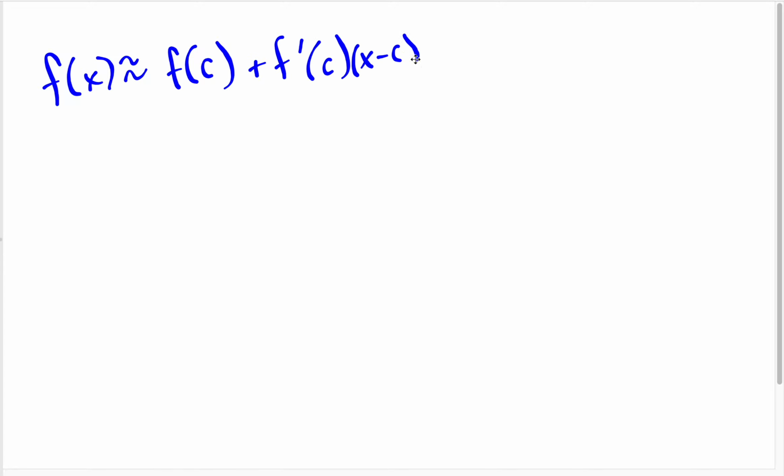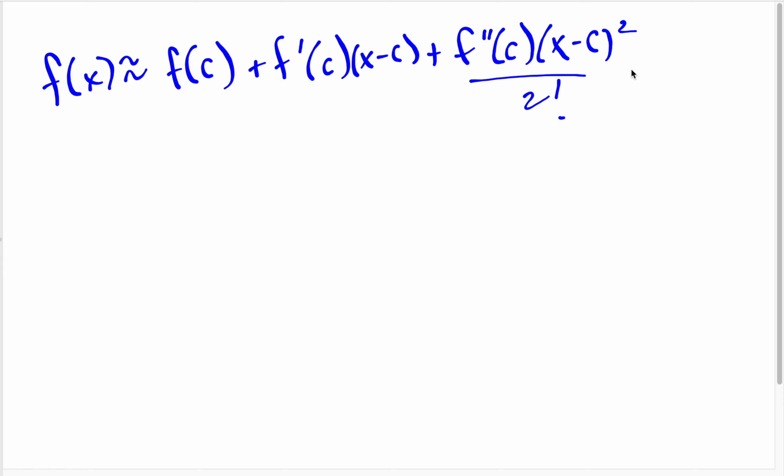So if you think about this, we use polynomials. So notice I have an approximation. I'm going to just do the second derivative, f''(c) times (x minus c) squared over 2 factorial. So we're going to find a second degree Taylor polynomial to approximate f of x.